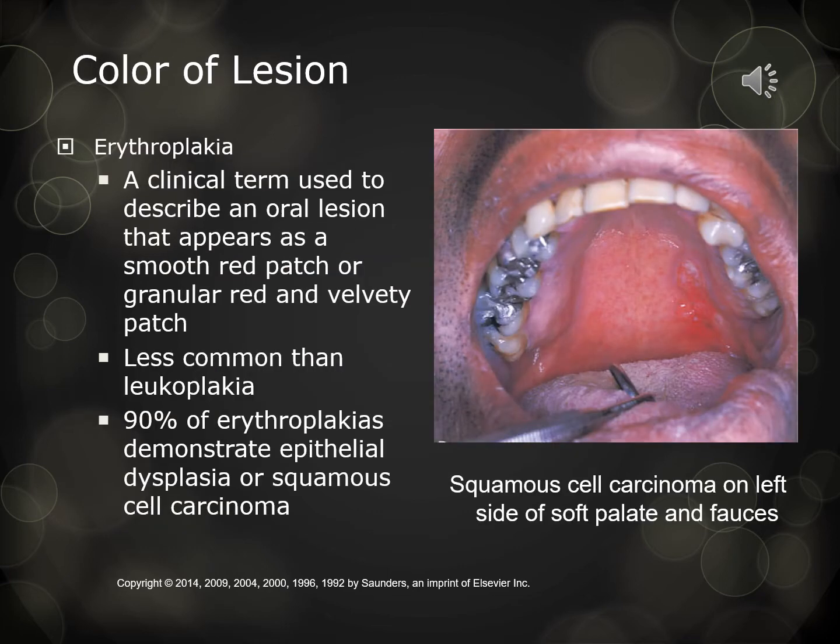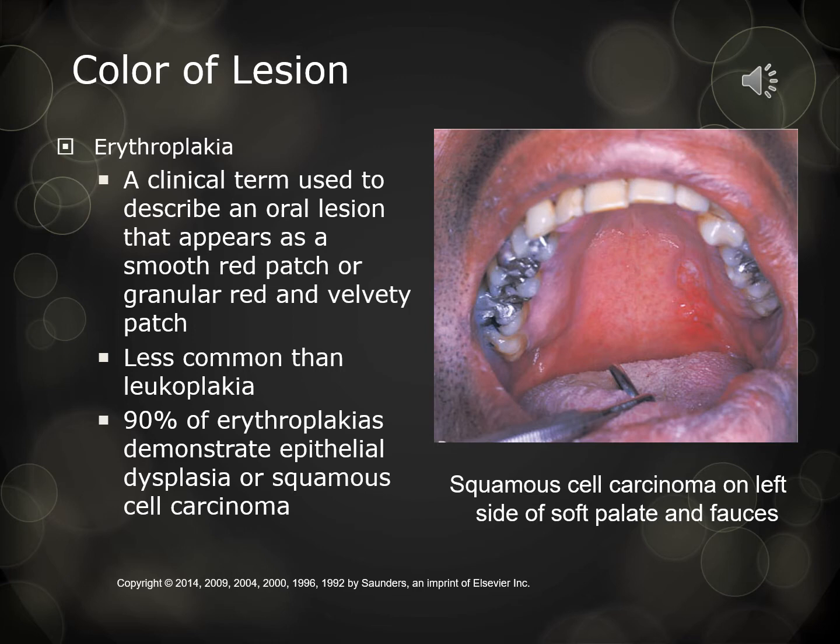In slide 13, we are looking at the color of a lesion being red or erythemic. This lesion is called erythroplakia. It is a clinical term used to describe an oral lesion that appears as a smooth red patch or granular red and velvety patch. 90% of erythroplakias demonstrate epithelial dysplasia, dysplasia meaning an abnormality of development of cells.